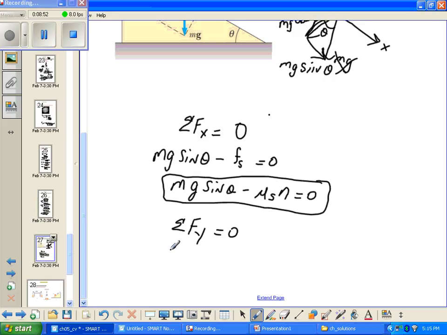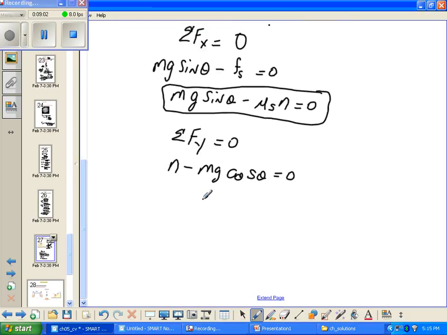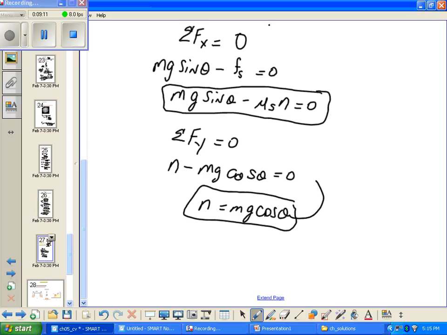Here you can see that n minus mg cosine of theta is equal to 0, which implies n equals mg cosine of theta. And so now we can take this value of n, plug it into here, and this gives us mg sine of theta minus mu s mg cosine of theta equals 0.